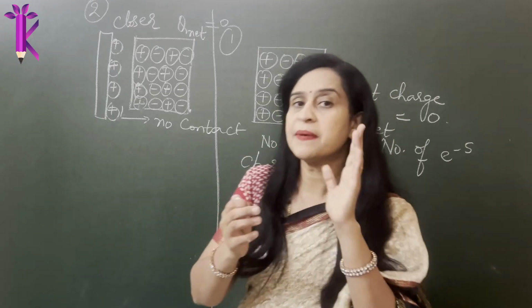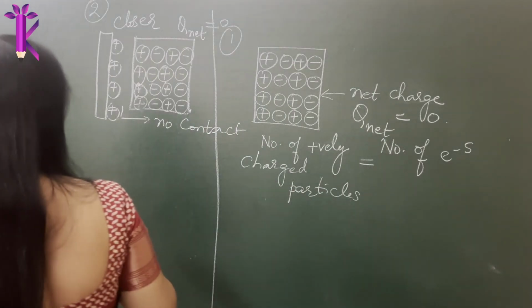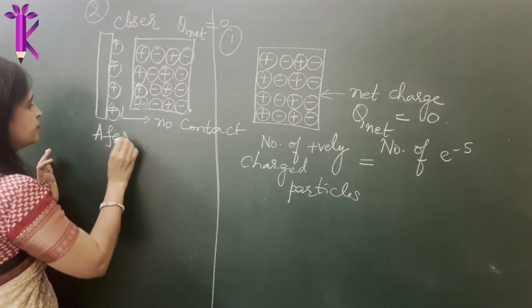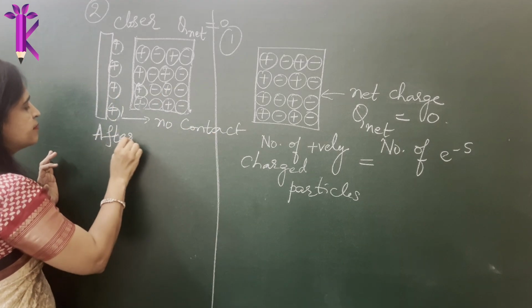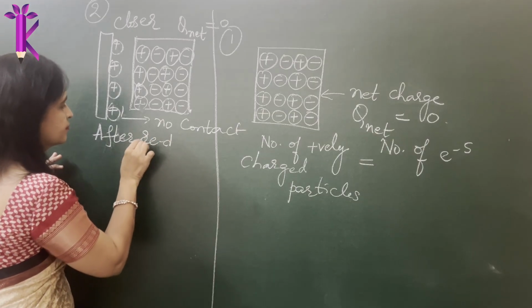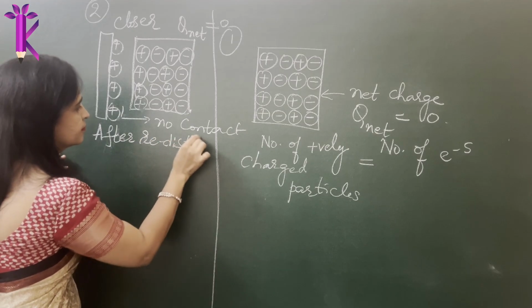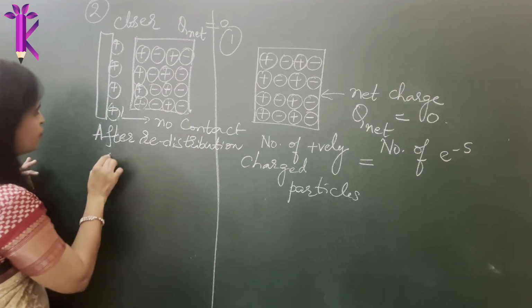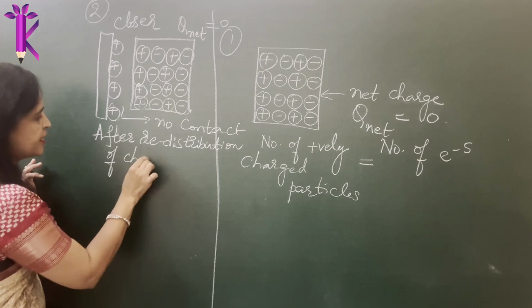So what is going to happen? Let's understand it diagrammatically. So now the rearrangement after redistribution, okay, so after some time and after redistribution of charges.